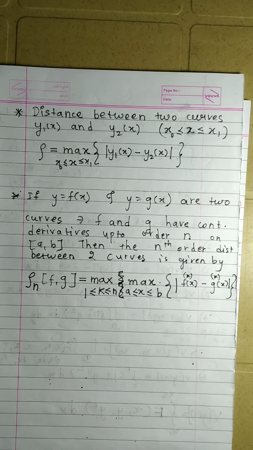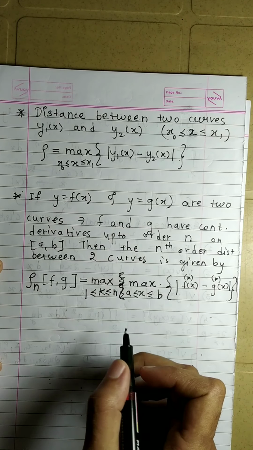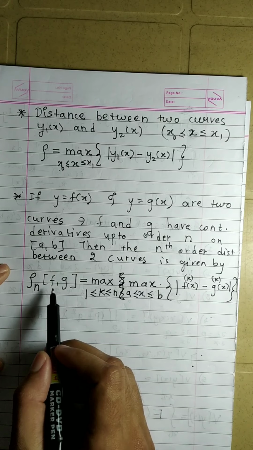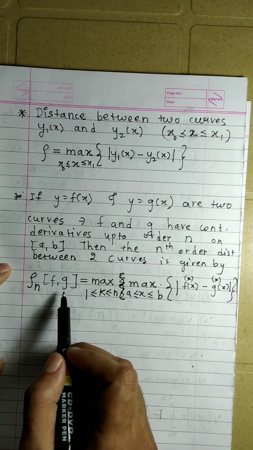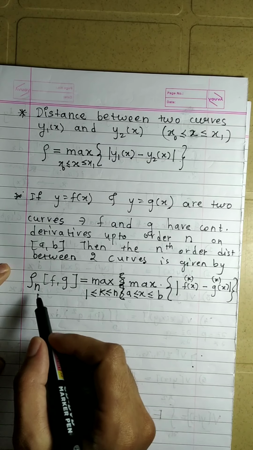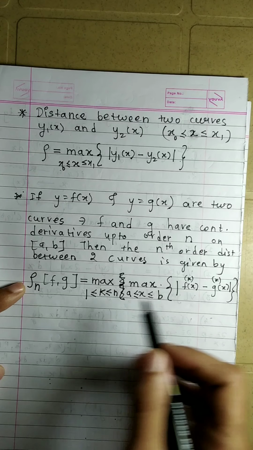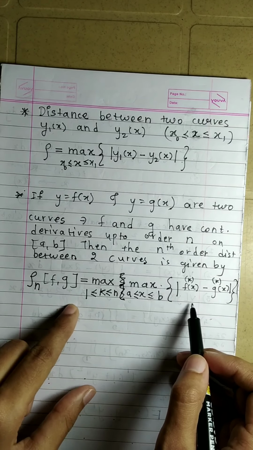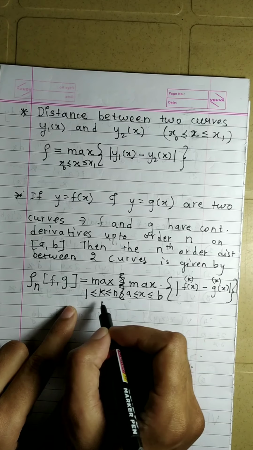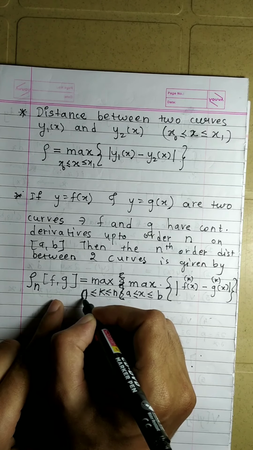So if you are asked to find the distance between the two curves f and g, the first order distance, what you will have to do is, for k equal to, sorry, this k should be 0.